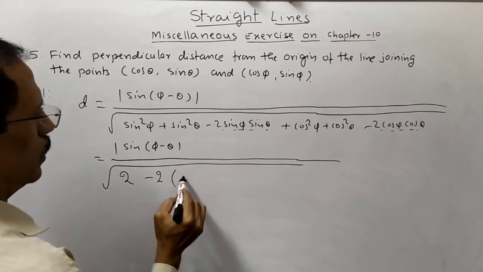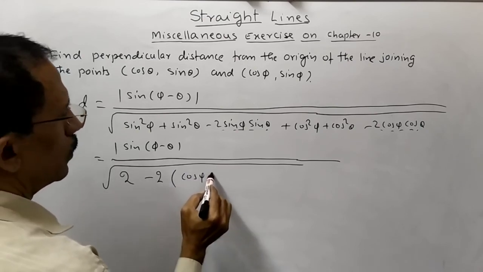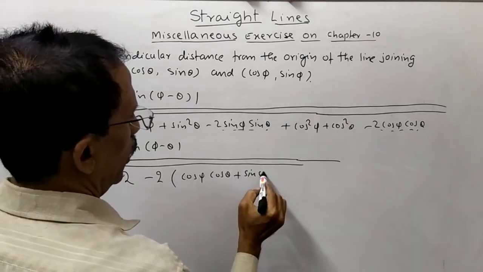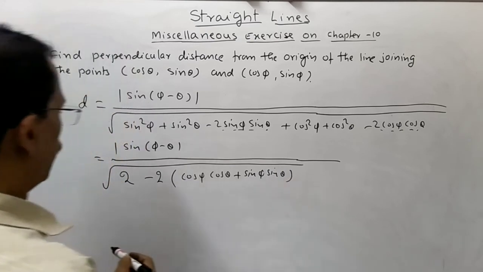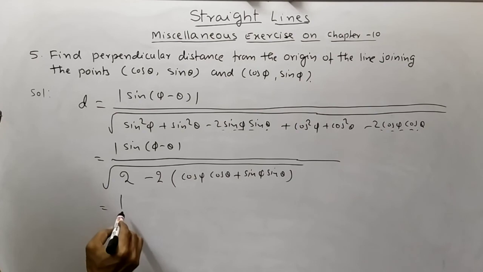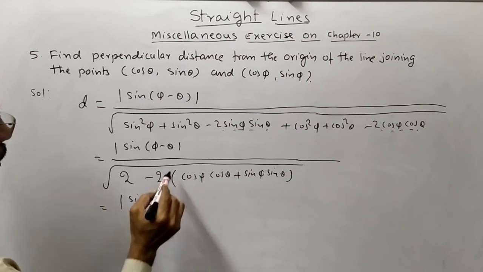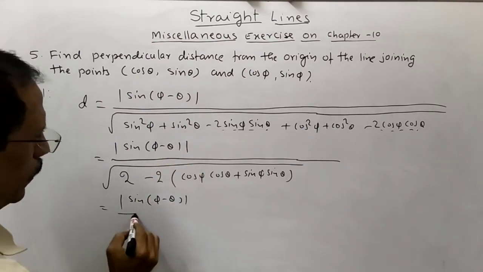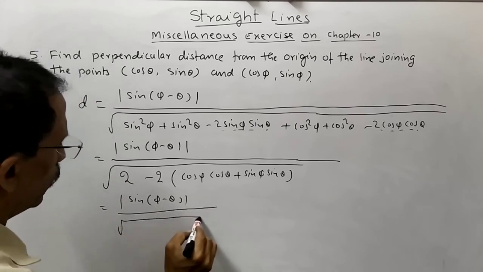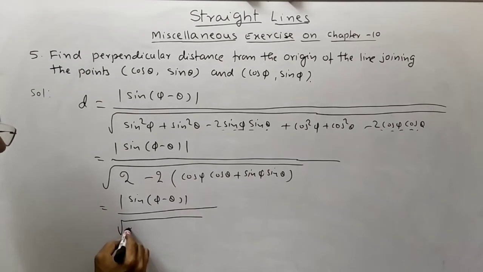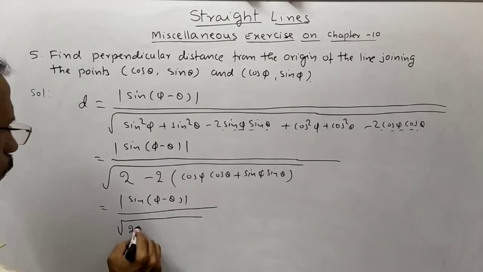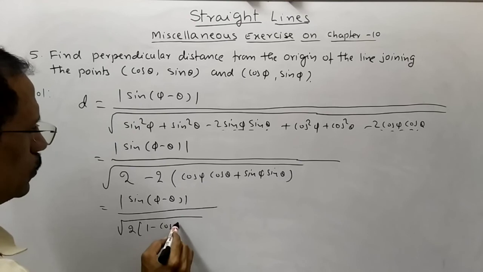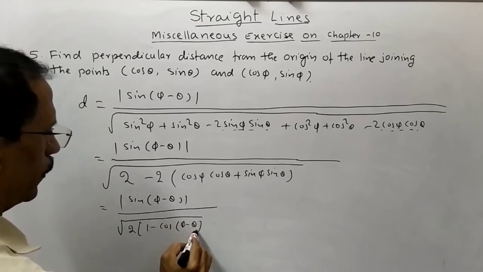So then we will get cos phi into cos theta plus sin phi into sin theta, is equal to absolute value of sin(phi minus theta) divided by square root of, here again we can take 2 common, then we can write 1 minus cos(phi minus theta).